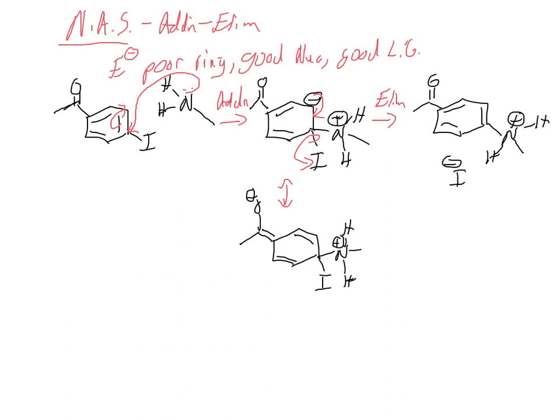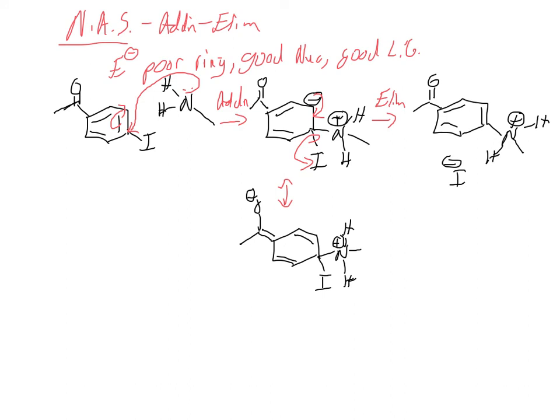Completely different. This nucleophile attacks that carbon because it's delta plus, because that's where the leaving group's at. But it can't do SN2, so it adds in, electrons go up, and we have resonance structures because there's electron withdrawing groups, so that stabilizes the negative charge in the ring. And there's a resonance structure here.